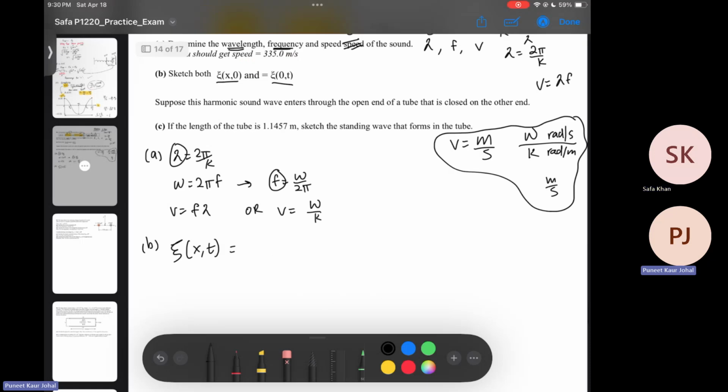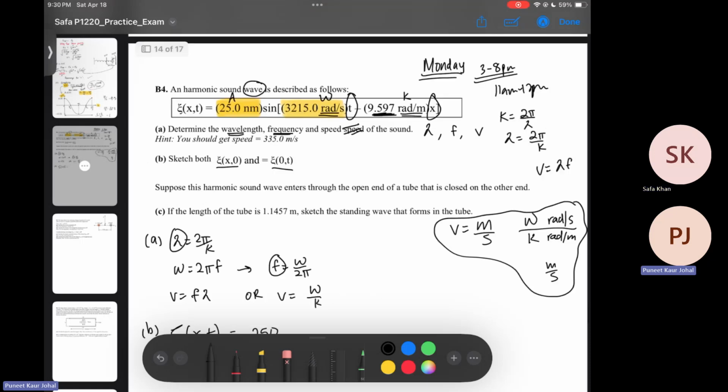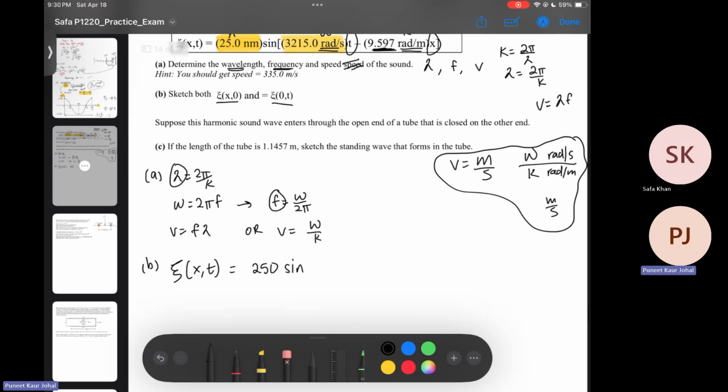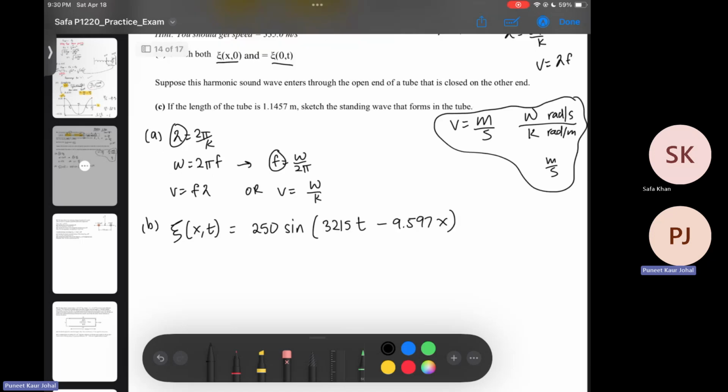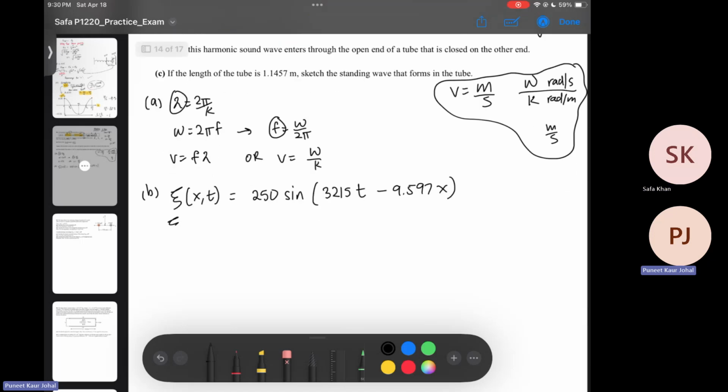So it's kind of like 250. Sorry, I'm not going to add units, let's just get over with it. And then t minus 9.597x. When they say sketch the graph of x0, it means put t as 0.